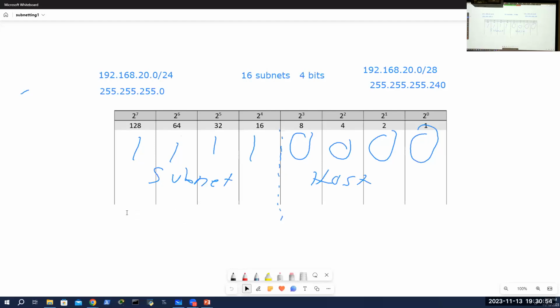So the first one is always going to be, in this case, 192.168.20.0, with the new prefix. So that's the first one. What's the second network ID going to be? Is it gonna be 16? Dot 16, exactly. Then you add 16, 16, like that.